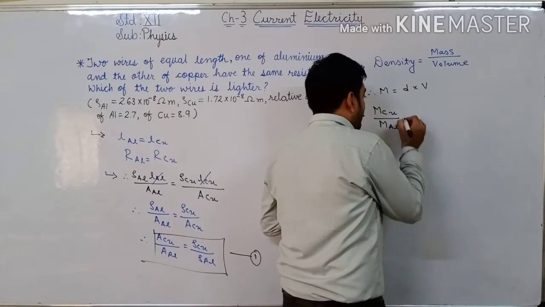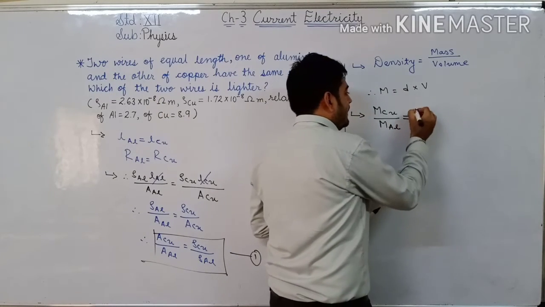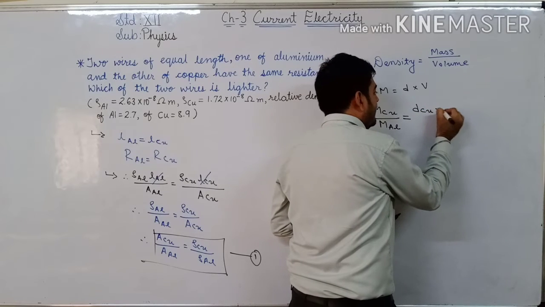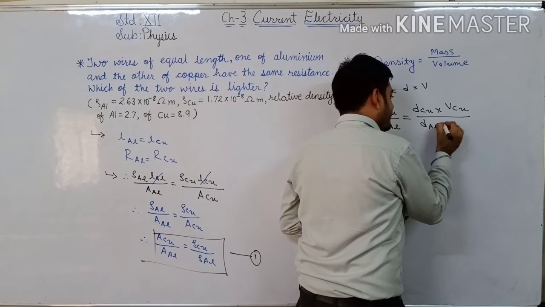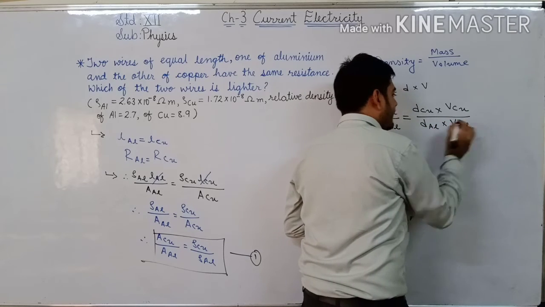Mass of copper to mass of aluminum can be written as density of copper into volume of copper upon density of aluminum into volume of aluminum wire.